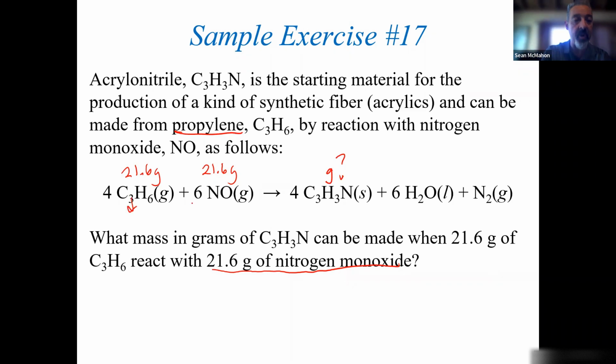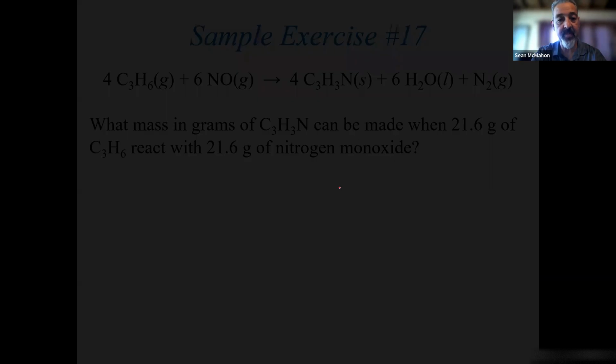I'm going to convert grams of the given to moles. So I can convert grams of this to moles of this. And once I have moles of each reactant, I can then convert using mole ratios to moles of the product. Once I have moles of the product, I can use molar mass and get to grams.